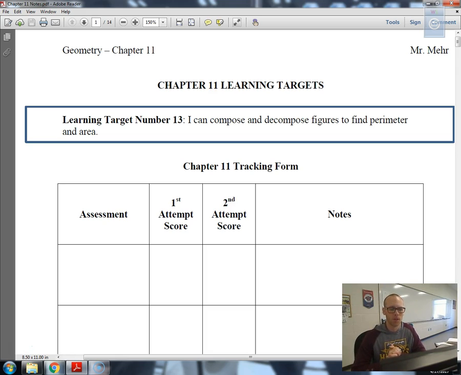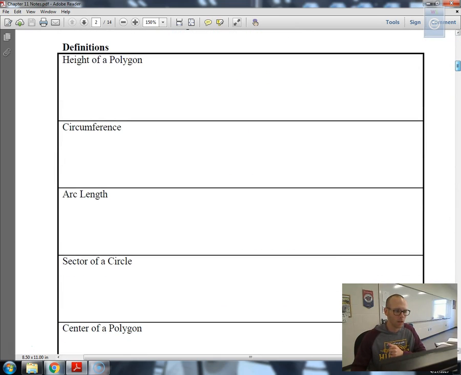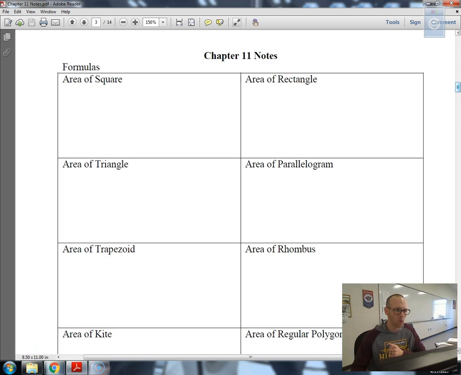So today we're going to start with four formulas for area: square, rectangle, triangle, and parallelogram. You may be familiar with these already. We're going to try to understand why these area formulas are what they are, and then we're going to put them to use. Going back to the learning target, simply being able to plug things like base and height into a formula is not the level of thinking that we're after here.